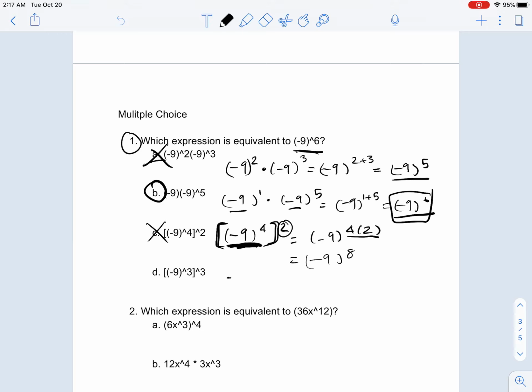Let's try the last one. Negative 9 to the 3rd power to the 3rd power. Now careful. Even though the exponents are together, that doesn't mean you're going to add them together. You're going to multiply them together. Because what this basically means is that you're cubing negative 9 to the cubed power.